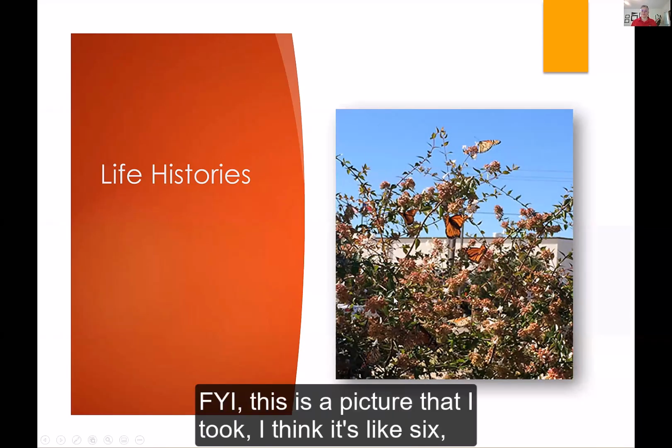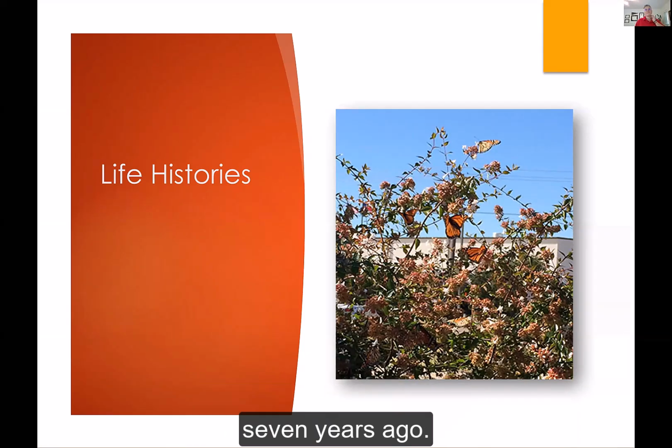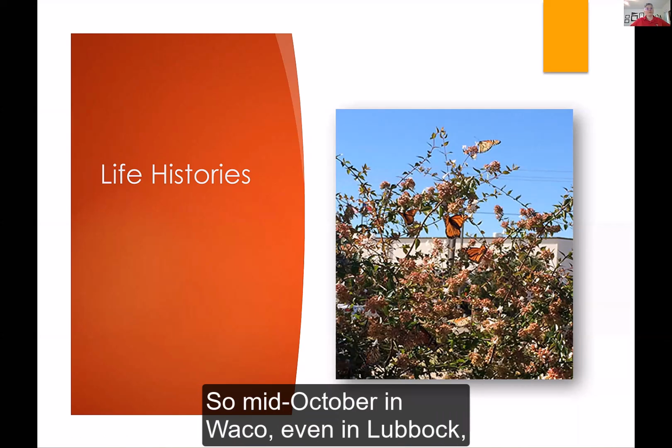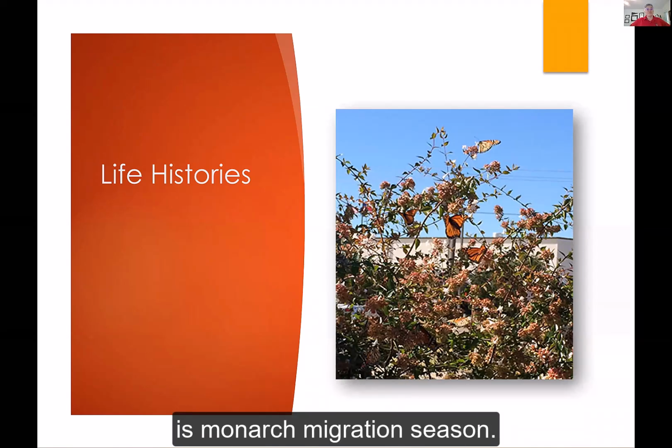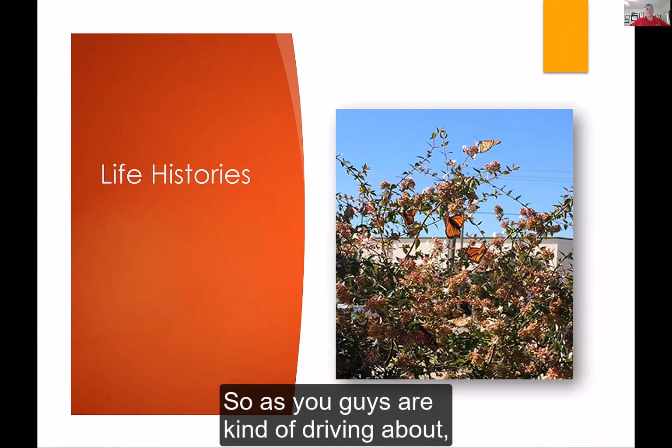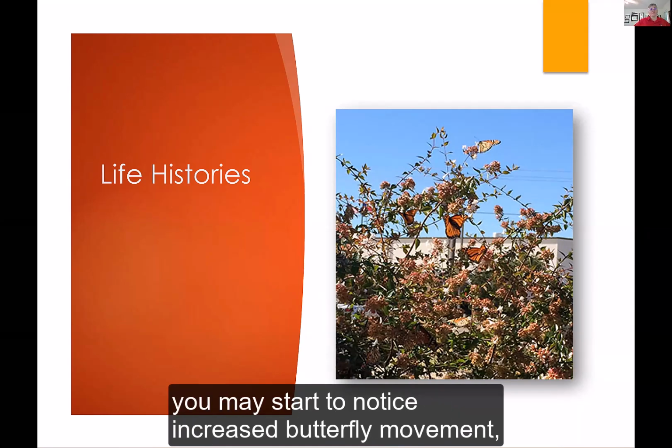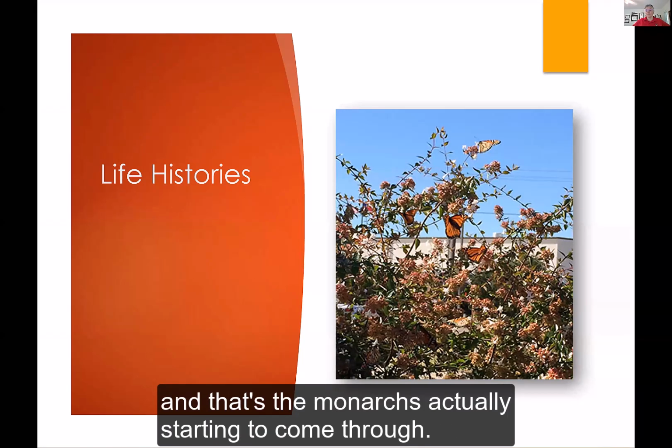FYI, this is a picture that I took, I think it's like 6-7 years ago. So mid-October in Waco, even in Lubbock, is monarch migration season. So as you guys are driving about, you may start to notice increased butterfly movement, and that's the monarchs actually starting to come through.